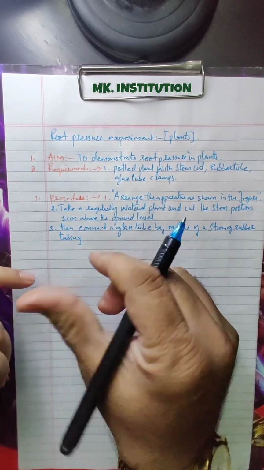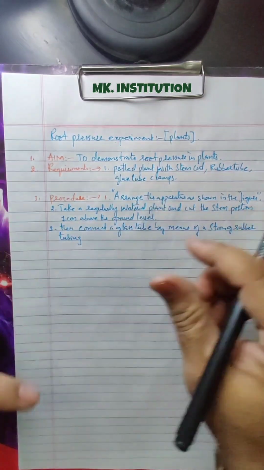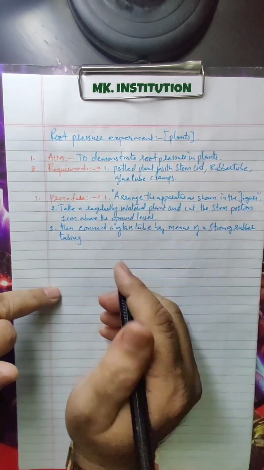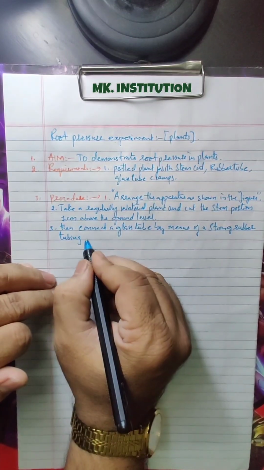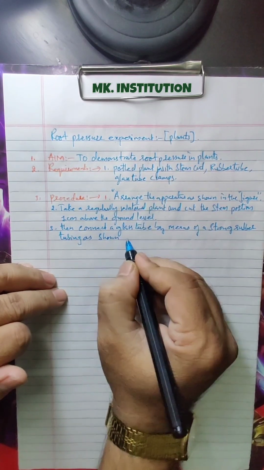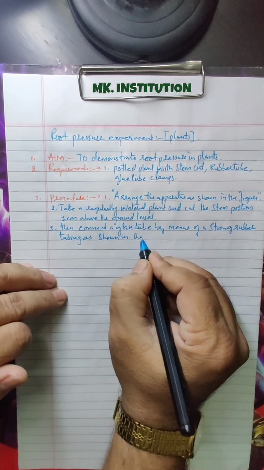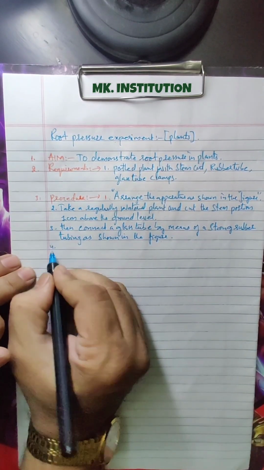A small rubber tubing will be provided for this experiment, like a cycle tube. Strong rubber tubing, as shown in the figure. Clear?